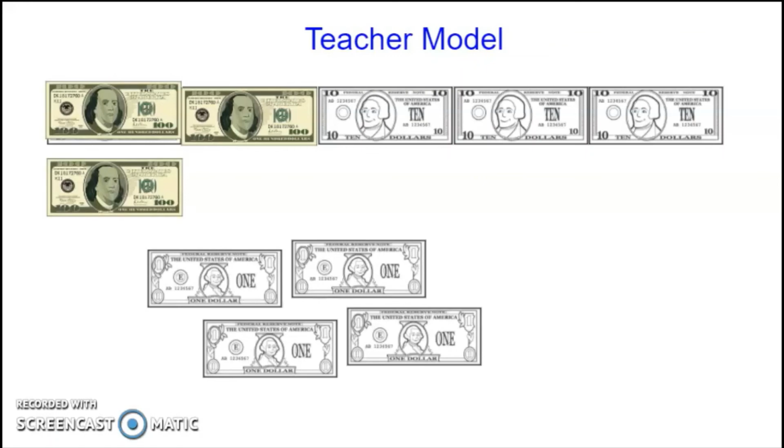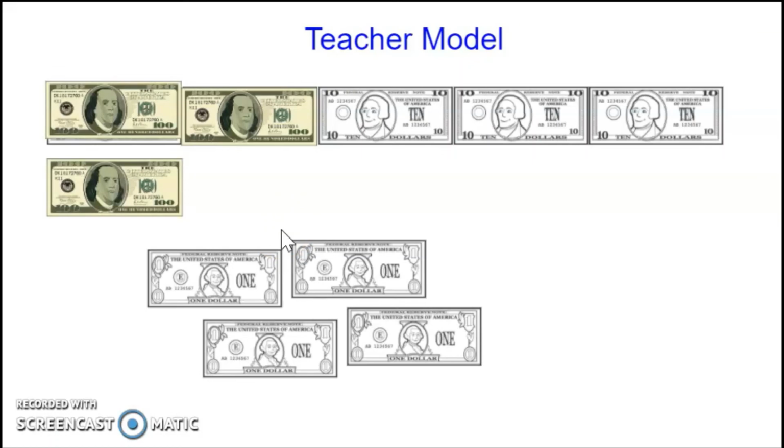The value of three $100 bills, three $10 bills, and four $1 bills is $334. Let's go ahead and write the value of the money in expanded form.